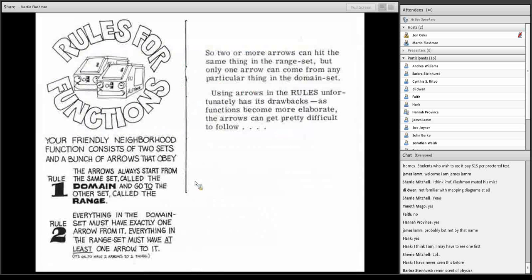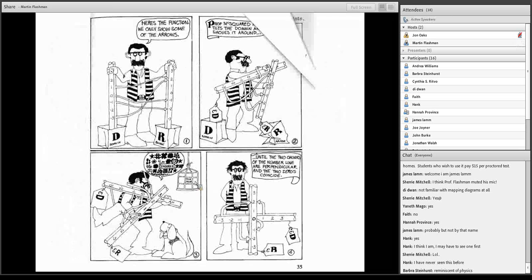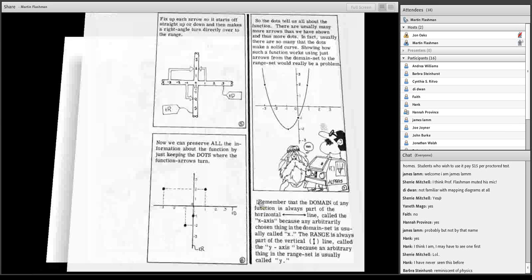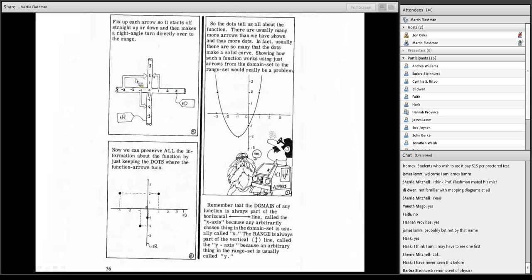This is his introduction to the arrows going from the domain to the range, and here's a picture of it in the first frame. Here's Professor McSquared, and here's some numbers in the domain, and they're being sent over here to values in the range, or the target as I call it, and then he sort of rearranges the whole thing and shows you how it might look on a graph when you eventually put the corner points in there and just leave the points and forget about the arrows.